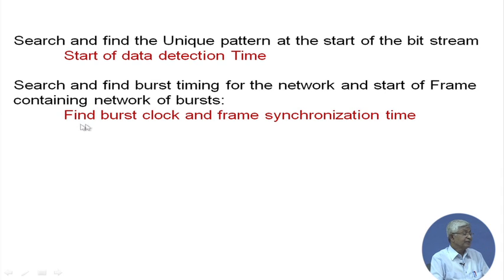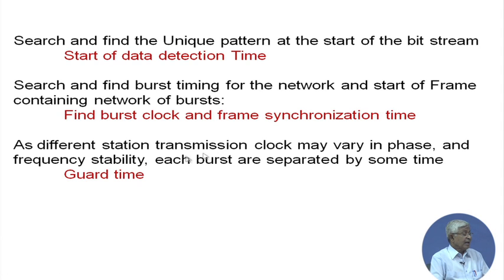So you have to find the burst clock and the frame synchronization time. As the transmission clocks of different stations may vary, each station's clock timing as well as phase may vary. So when the bursts reach the satellite, they may drift this way or that way, and jitter. They should not overlap.